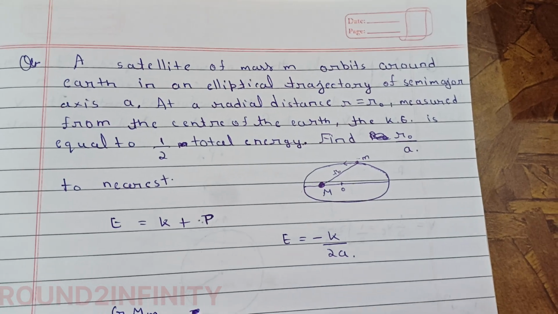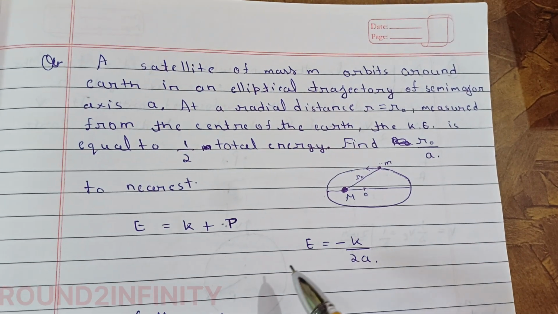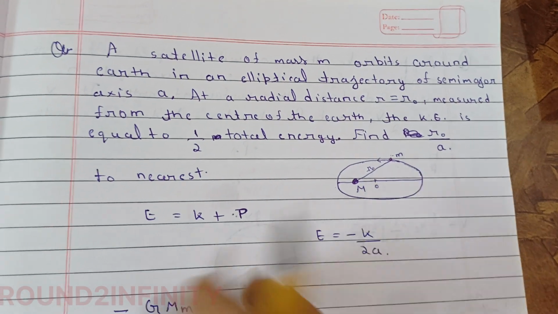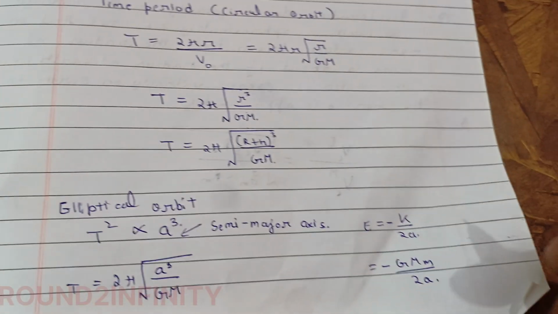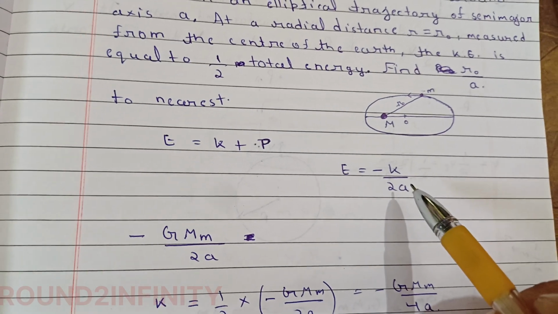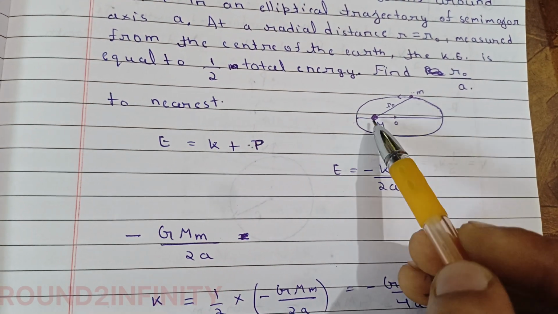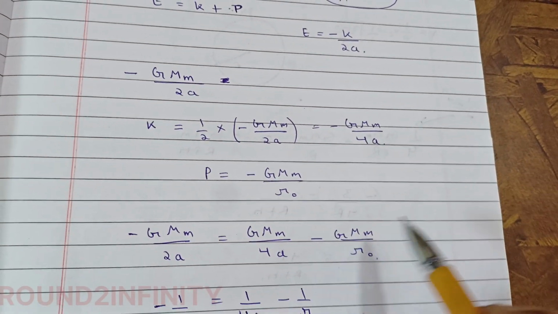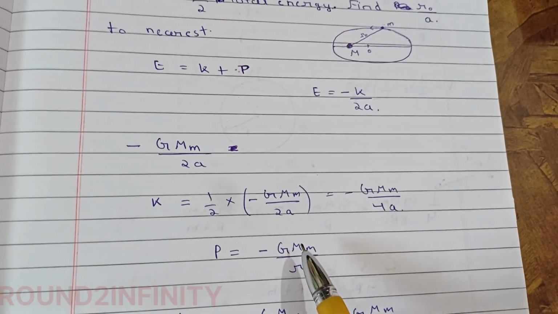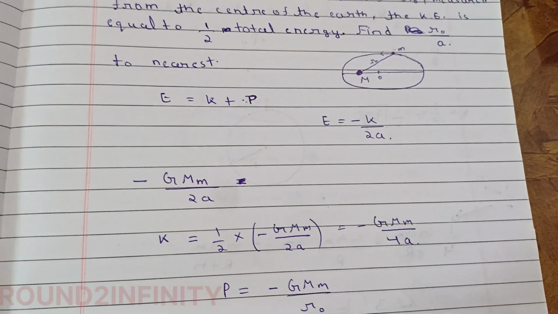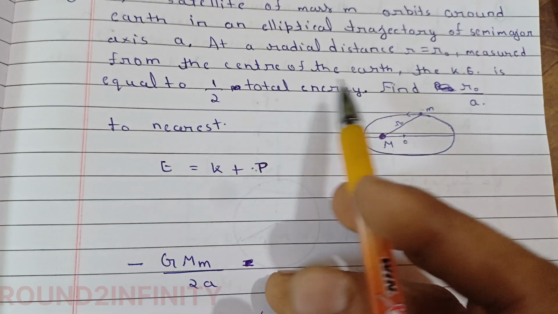So we'll use the law of conservation of energy. Total energy will be equal to the energy of this ellipse, which I already told you is minus GMm over 2a. We will find the energy at this point and equate it to this. At this point, the distance is r0, so potential energy will be minus GMm over r0. Kinetic energy is already given: it is half of total energy.